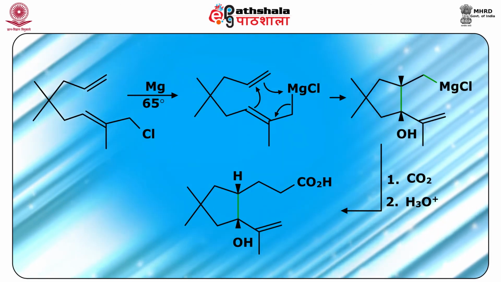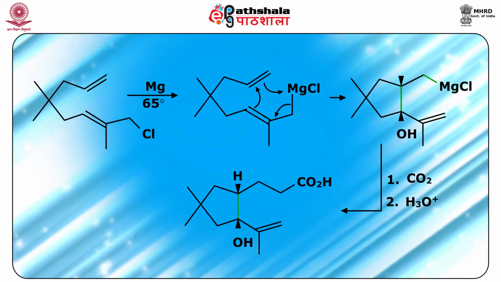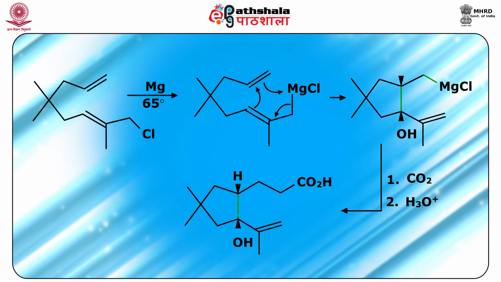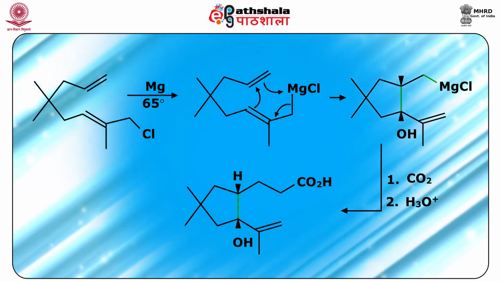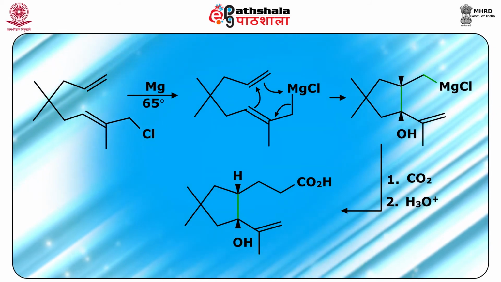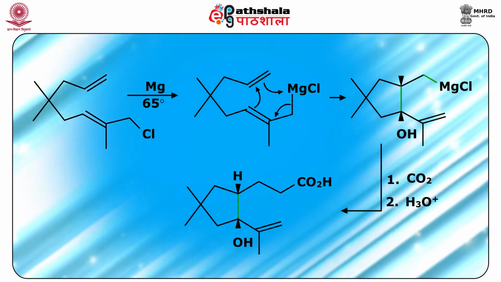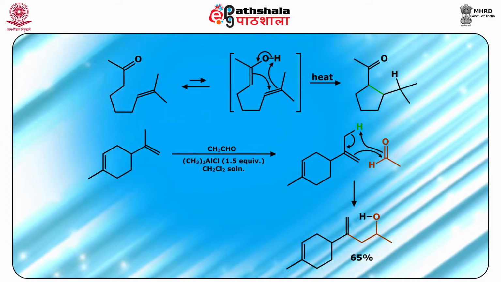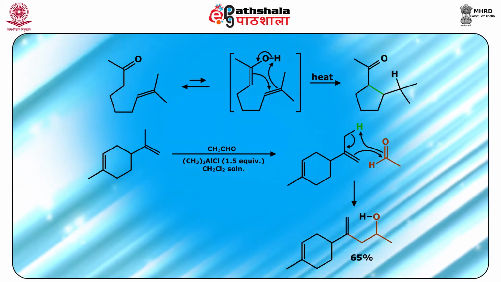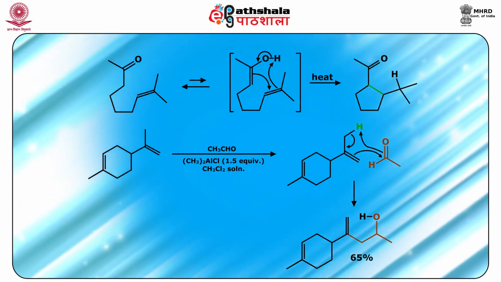Next, let us look at another example. The reaction is an example of metalla-ene reaction in which a Grignard functional group moves to a new location before reacting with an electrophilic reagent, that is carbon dioxide. This too is an example of intramolecular ene reaction that results in the formation of a cyclic ring.